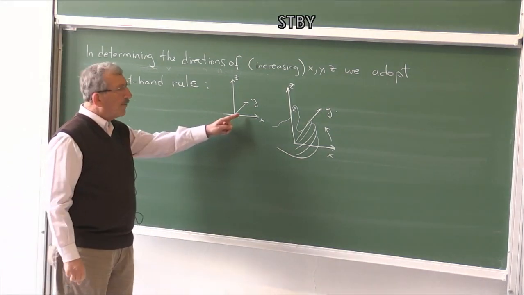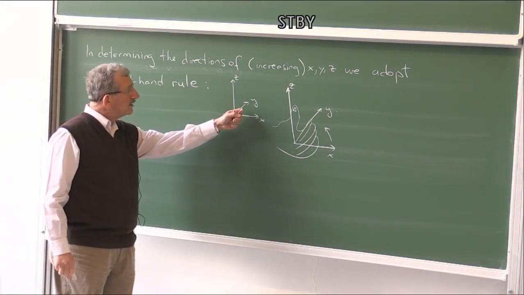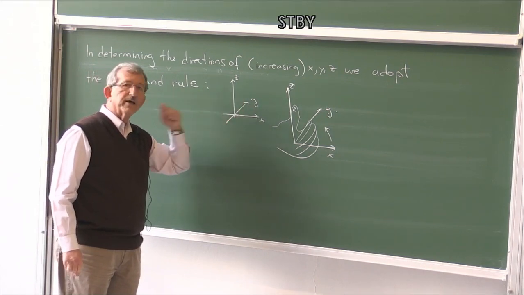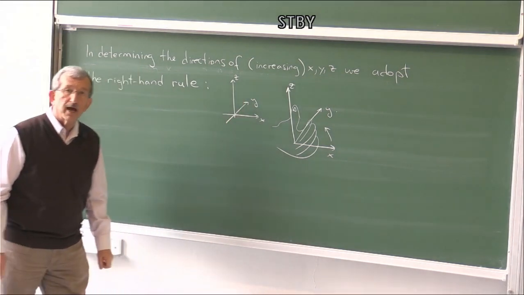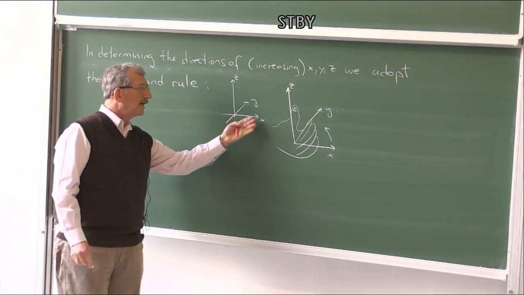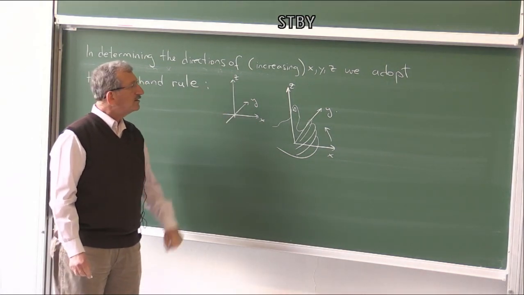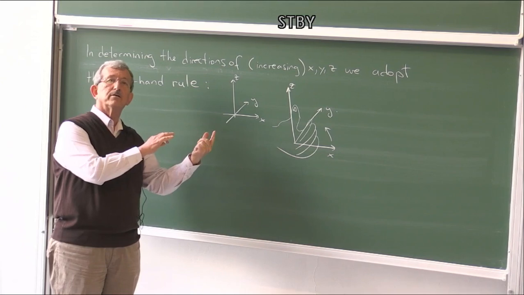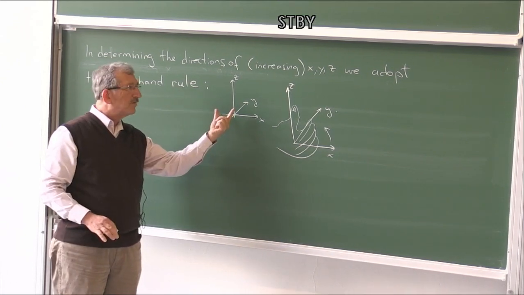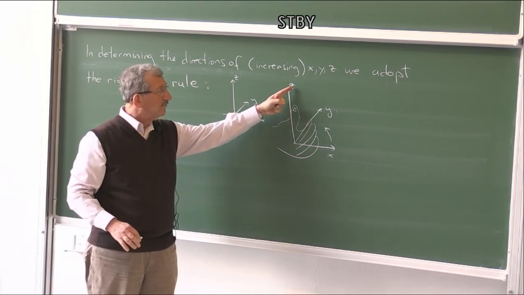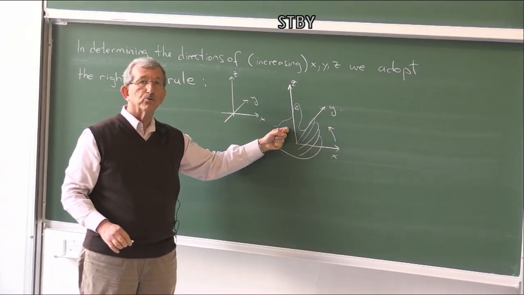Well, of course, apart from that, sometimes in showing the axes, called the coordinate axes, we will simply call them x-axis, y-axis, and z-axis, we can rotate this figure, but not change the right-hand rule.